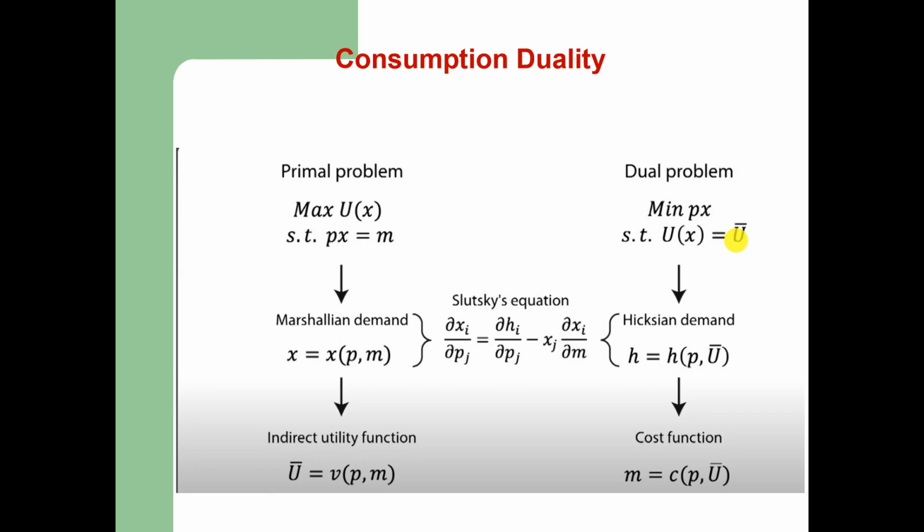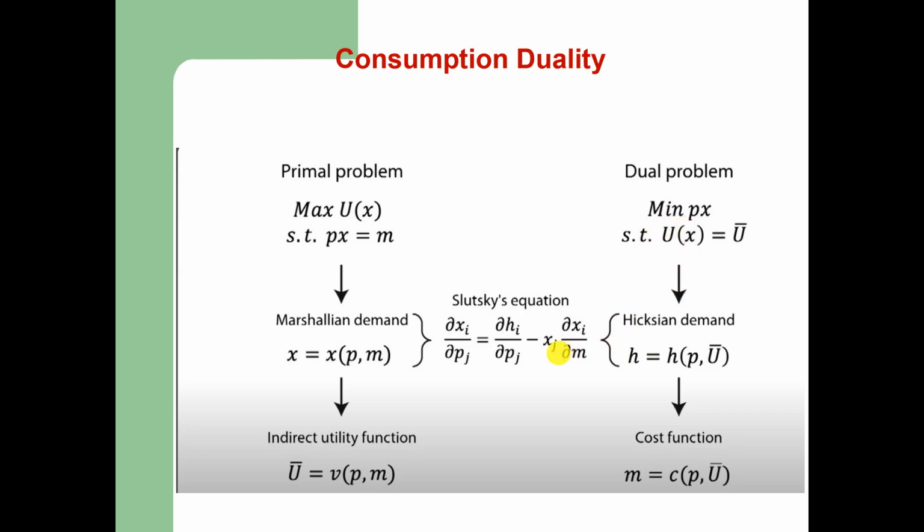If we solve this constrained minimization problem, then the solution values are shown by h, where h is a function of p and the utility level, and these are known as Hicksian demand functions or compensated demand functions.